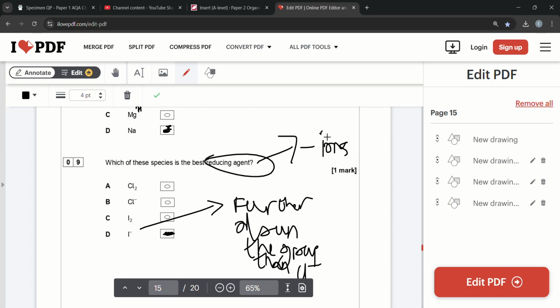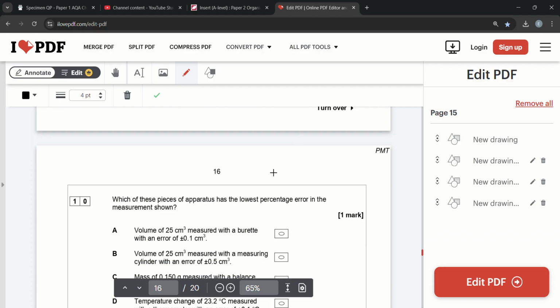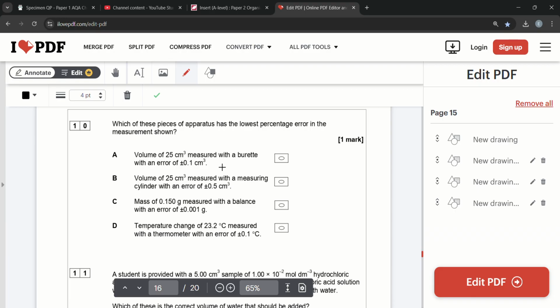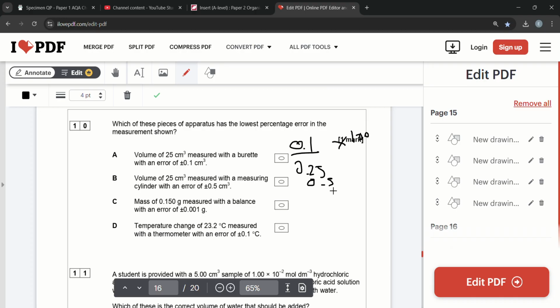Which of these pieces of apparatus has the lowest percentage error in the measurement shown? Volume measured with a burette, with an error of 0.1 over 0.25. Volume measured with a measuring cylinder, with an error of 0.5 over 25. I don't know why I did 0.25, it's 25 over 100.